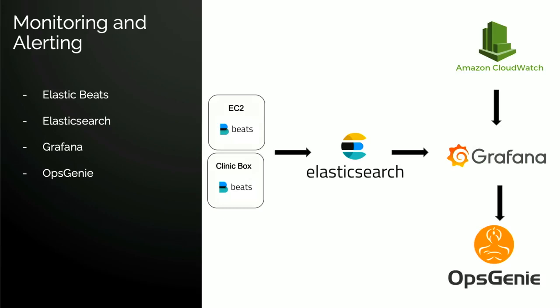These keep track of metrics such as CPU, disk, RAM, and network, and pump all of those to Elasticsearch. They also gather logs from our containers and our system processes on the boxes, and that all gets indexed in Elasticsearch. After it goes to Elasticsearch, we use Grafana to visualize all this data and build high-level dashboards indicating the health of the system as a whole.